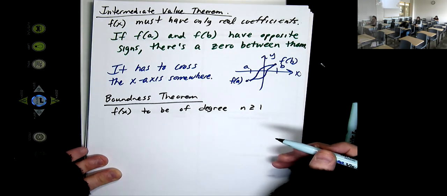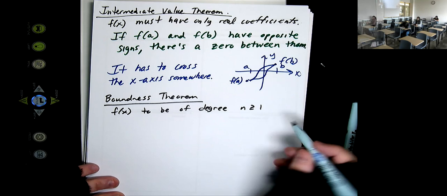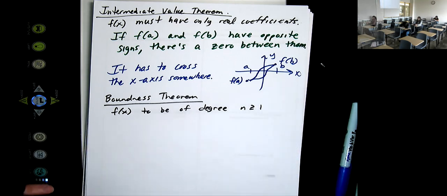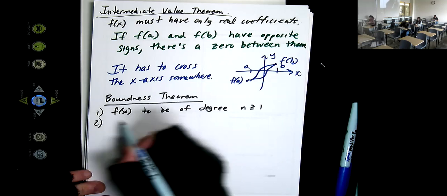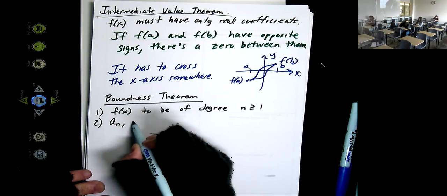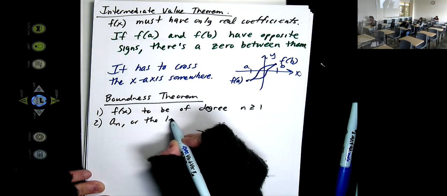It can't be a constant. It needs to at least be a line or parabola or something larger. And that's requirement 1. Requirement 2, a sub n, or the leading coefficient, is positive.